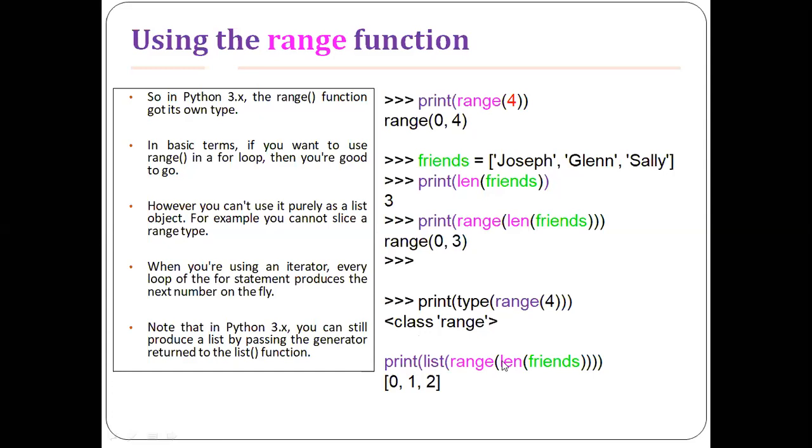It is first going to calculate the number of elements in the friends list. Then it will find the range of the numbers, that is from 0 to 2. Then it will print the elements, that is 0, 1, and 2, right? That is what you call the range function.